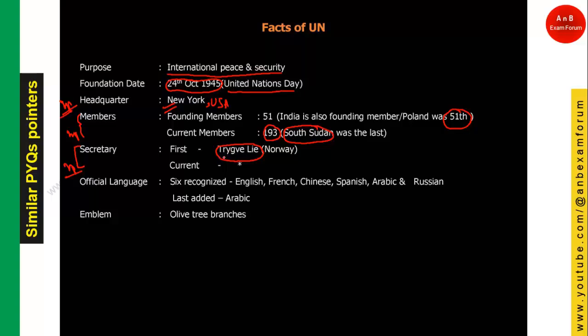The name you should remember, and we have seen a previous year question asking which country Trygve belongs to. You should know that it is Norway, a European country. So Trygve, who was a minister there, is the person related to Norway, the first Secretary-General of the United Nations.